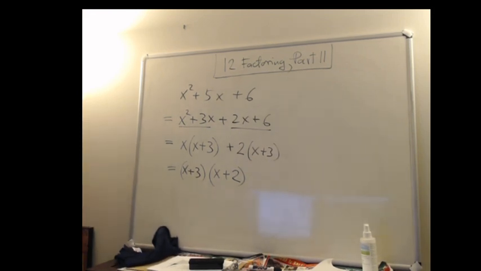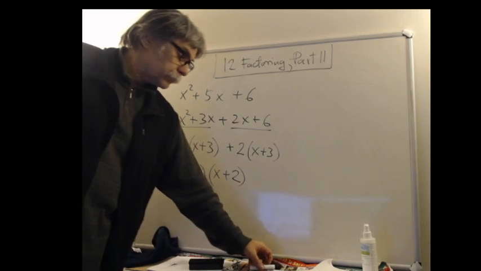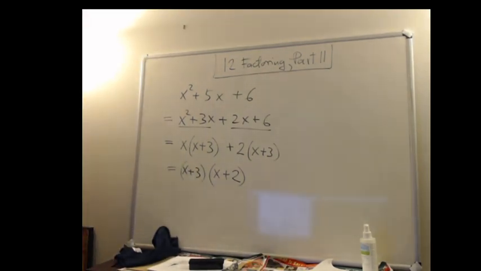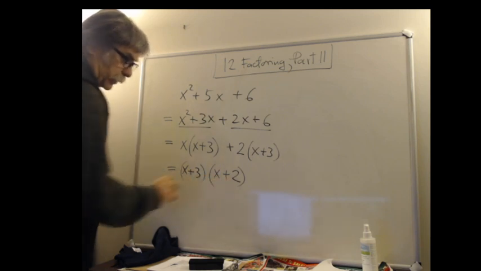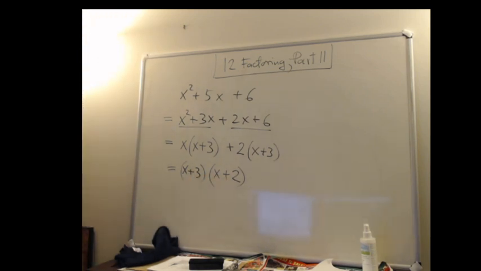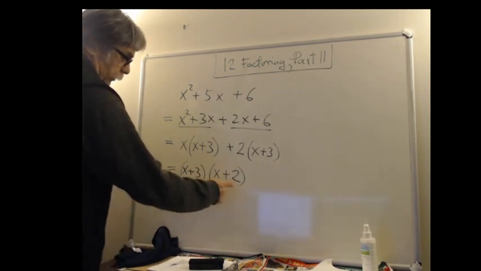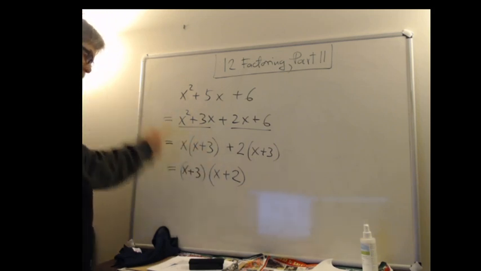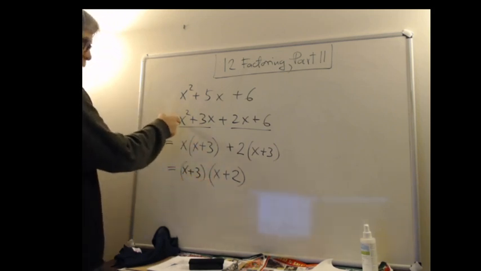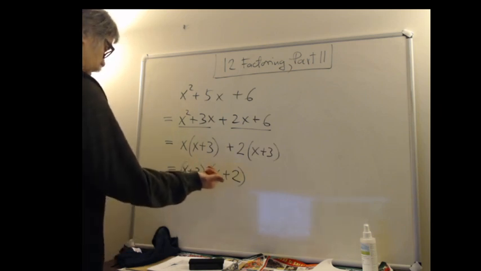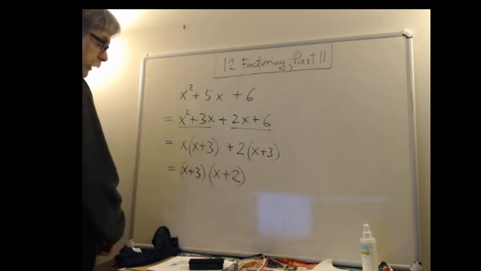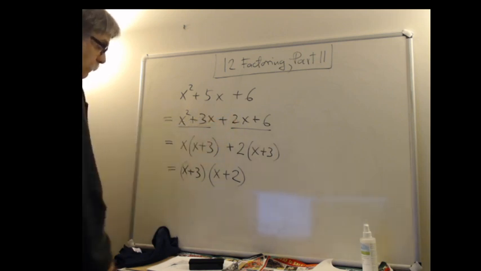Okay? What you need to notice here is that we have a product of binomial times binomial, which we work with by doing what we call a FOIL, right? So first times first, which is an x squared right here. Then we do first times last, which will be 2x right here.